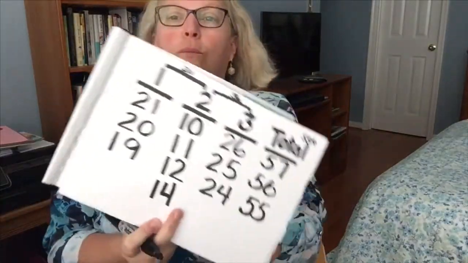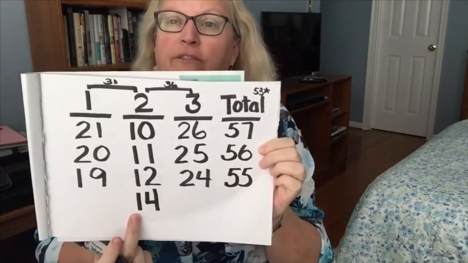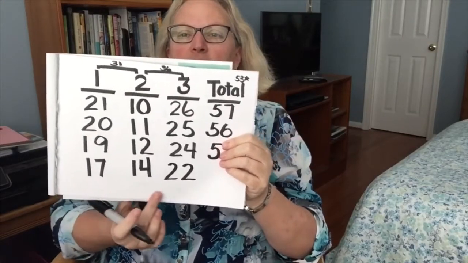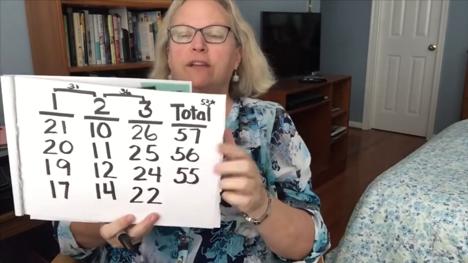That is what I think will be the final answer. So if I have 14 glasses on shelf 2 and I need a total of 31 between shelf 1 and 2, then that means I've got 17 on shelf 1, and it means I'm going to have 22 on shelf 3. So these are my new numbers, and the grand total when I add it up happens to be 53.